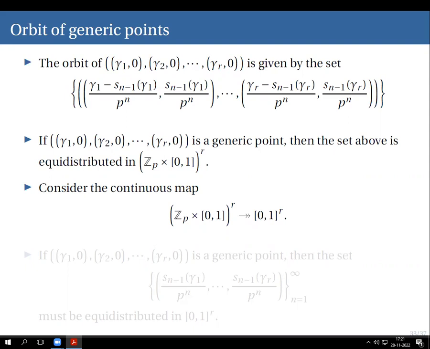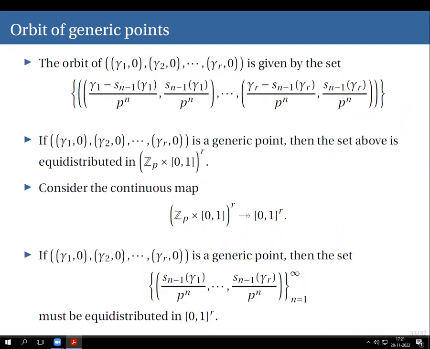But then you have this continuous projection, Z_p cross [0,1]^r to [0,1]^r. The push forward measure is actually just a Borel measure here. And so if you have this sequence that's equidistributed in Z_p cross [0,1]^r, then its projection will also be equidistributed in [0,1]^r, where the projection is basically this r-tuple of normalized sums that Ferrero and Washington were interested in.